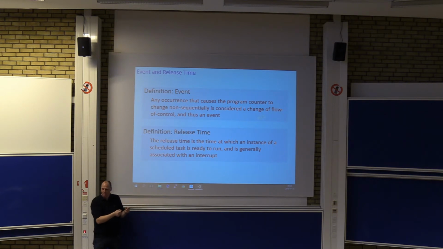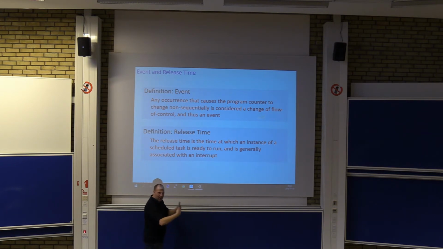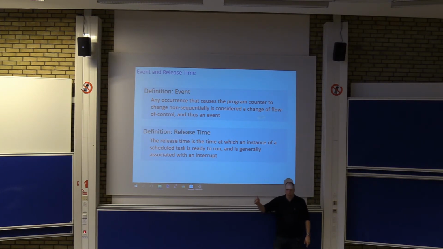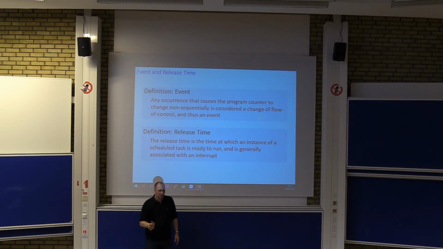Then at some point it will be allowed to execute on the processor, and when it's done, what will it do? It will go into blocked mode and wait for the next period to start. Then it's not ready to execute any longer. So it switches between ready to execute and waiting for the next period to start. The first time it's ready to execute, at the beginning of the period, is called the release time.